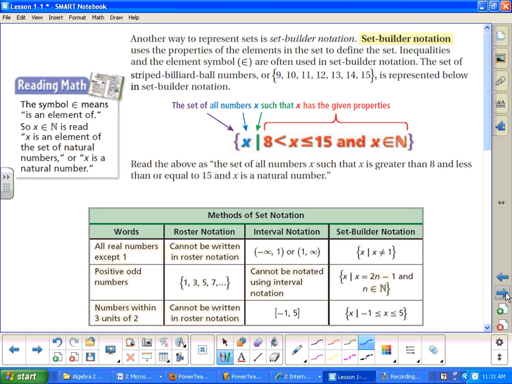Now, here's the thing. If I was you, okay, with a situation like that, all you would need to do is say that x is greater than 8, less than or equal to 15, or you could say that x is greater than or equal to 9, less than or equal to 15, and the natural numbers.